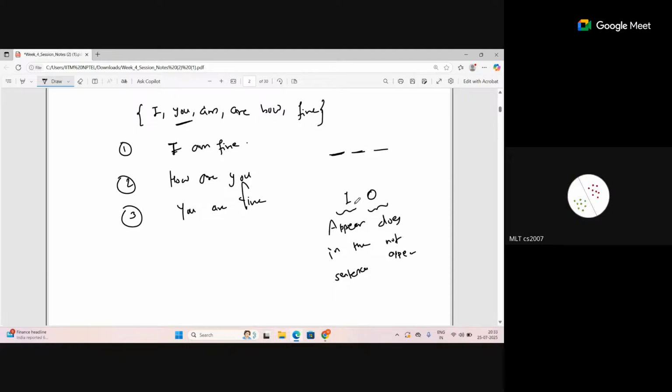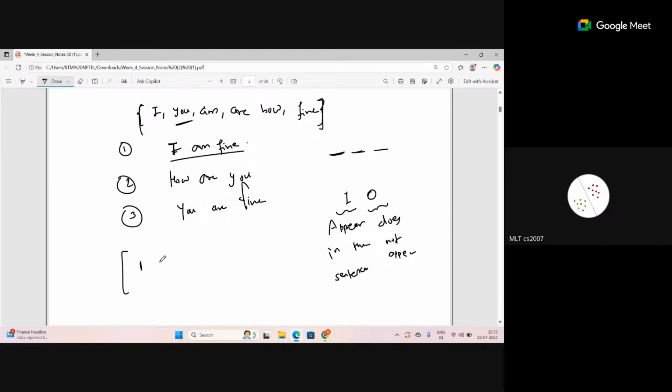Yes, sir. So if I wanted to create this first sentence from this dictionary, let's say this is a dictionary of 6 words. Did I appear? Yes, so it is one.